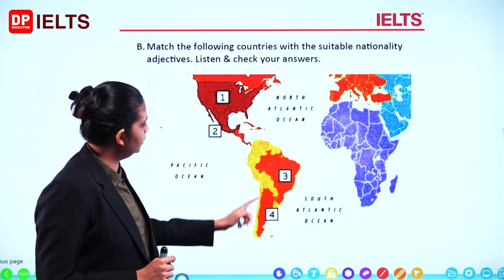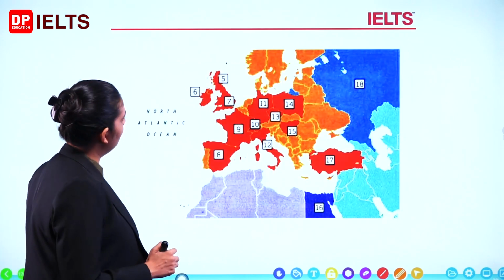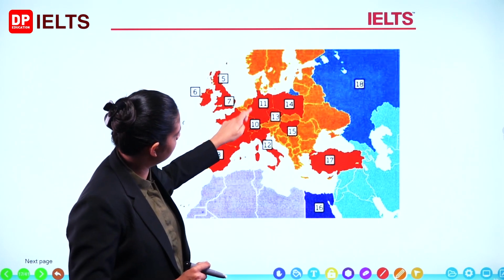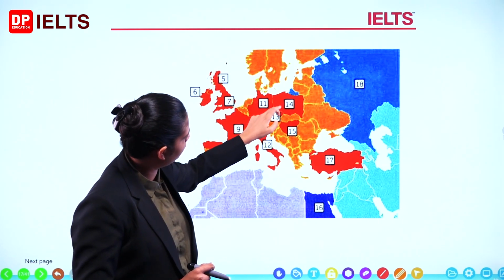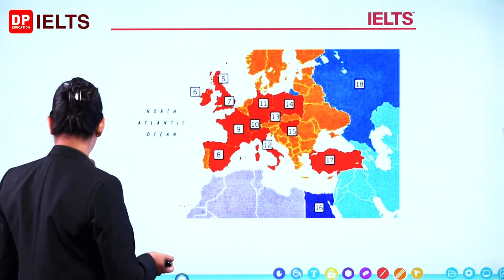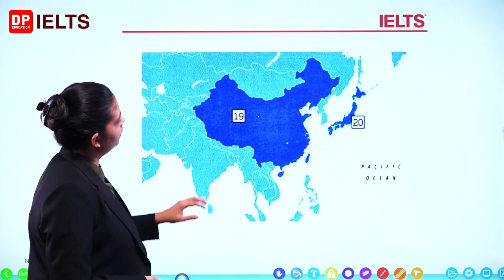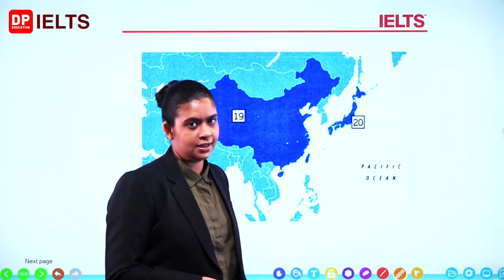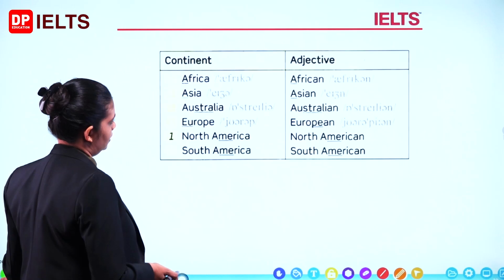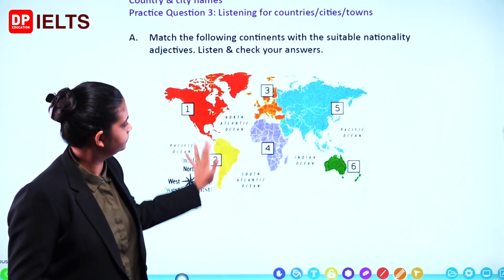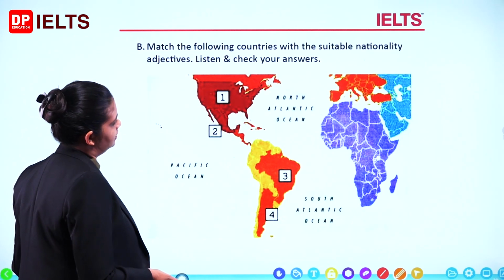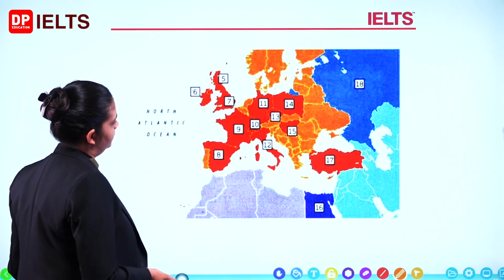So you've got 1, 2, 3, 4 and then we have 5 to 18 over there. We've got 19 and 20 right here. Okay? So if you had a look at it, it's quite similar to the one that you saw here in the same color. Right? It's the same picture, but enlarged a bit.